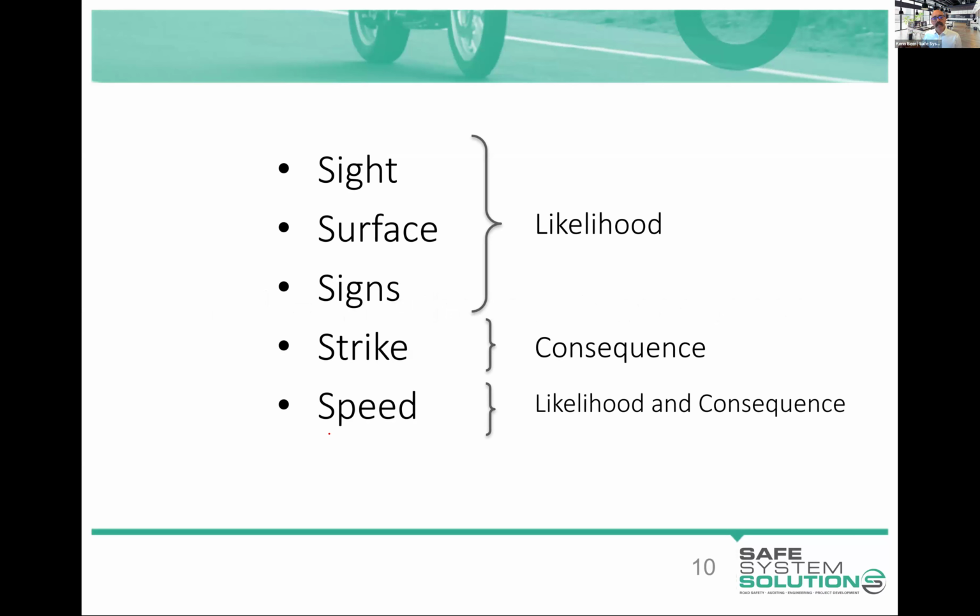The strike, what they're hitting, how they're hitting it, what it's made of, that's going to influence how bad the outcome is, the consequence of the crash. Speed is this magic thing that reduces both the chance of a crash if you lower speed and the severity of the crash, the outcome.